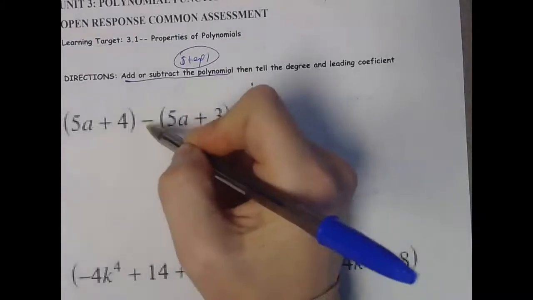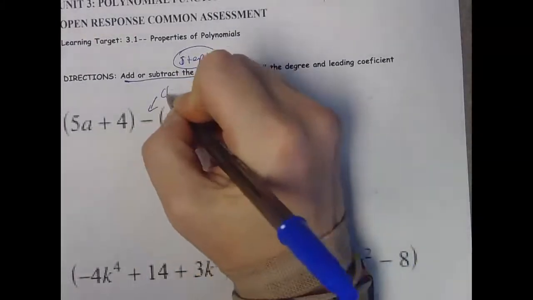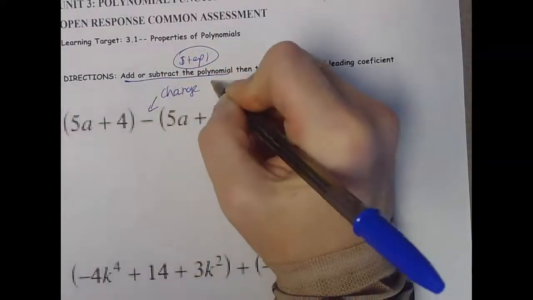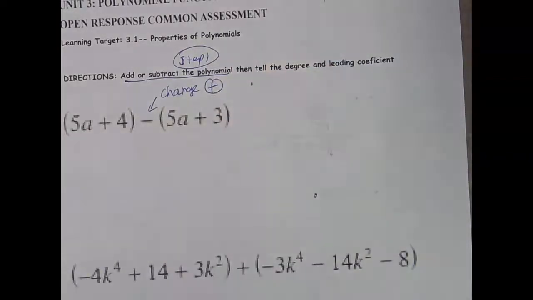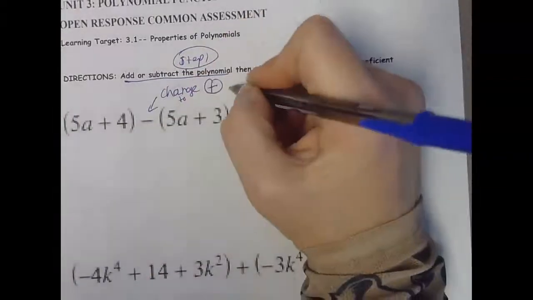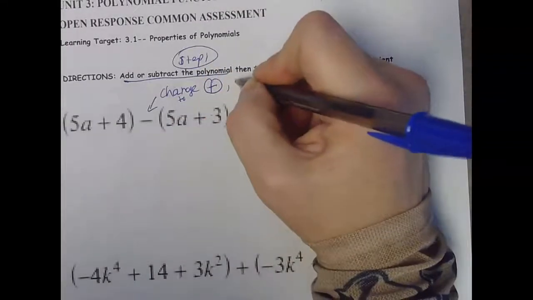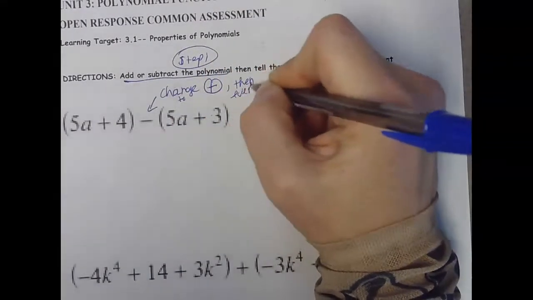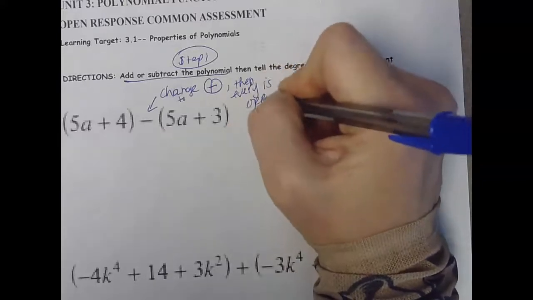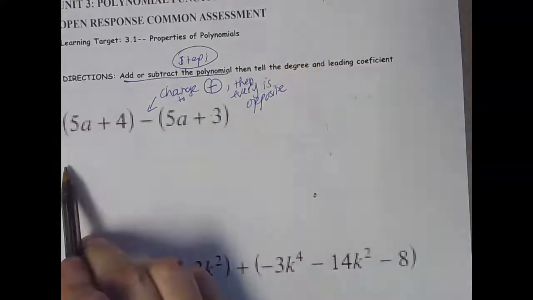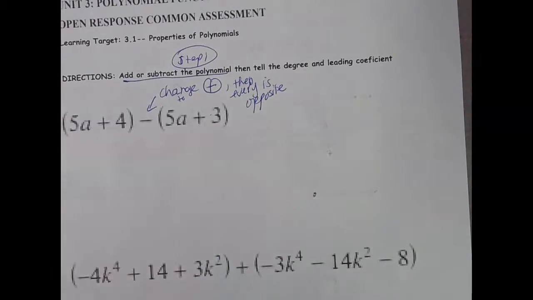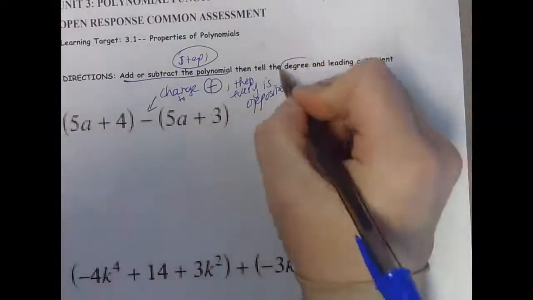Again, remember we change to a plus. And then everything in this second one becomes its opposite. And then you combine like terms. Then I want you to tell me the degree.